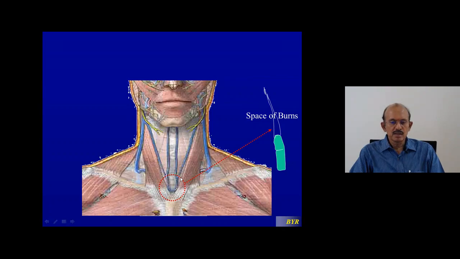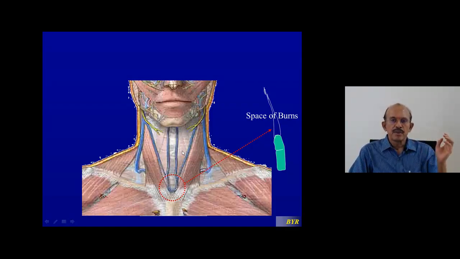What is the space of Burns? It is situated between the layers of the general investing fascia of the neck. The deep fascia of the neck is divided into three layers. A general investing layer, which invests circumferentially around the neck.